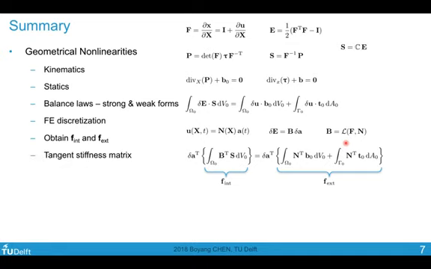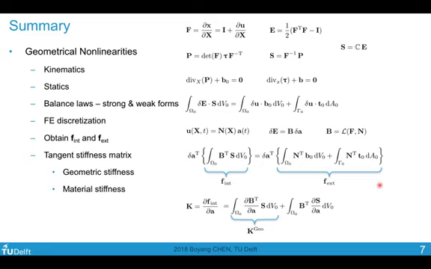Then we performed the partial derivative of the internal force vector with respect to our degree of freedom A, and obtained our tangent stiffness matrix, which has two components because both B and S are functions of A. The first component is called the geometric stiffness matrix, and the second is called the material stiffness matrix.